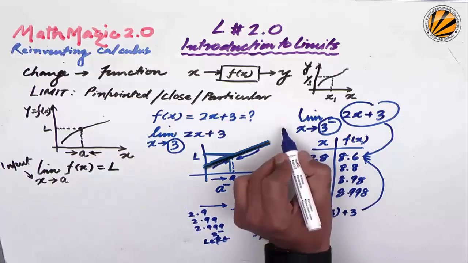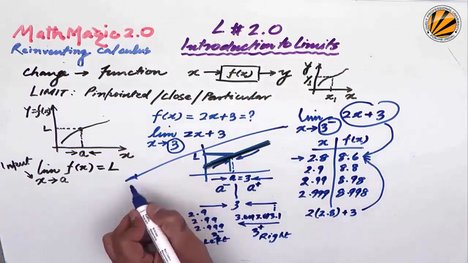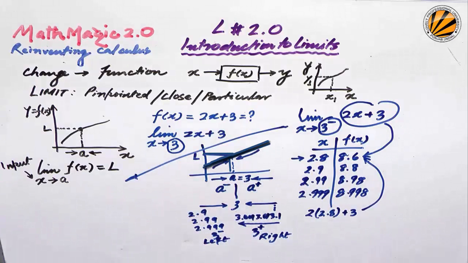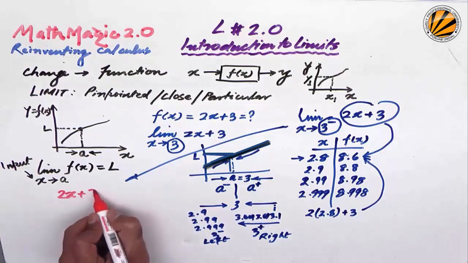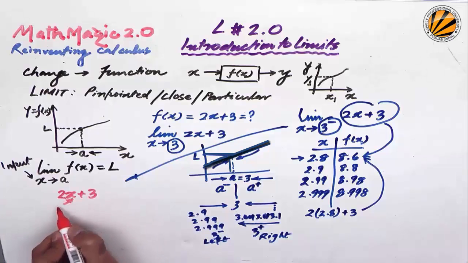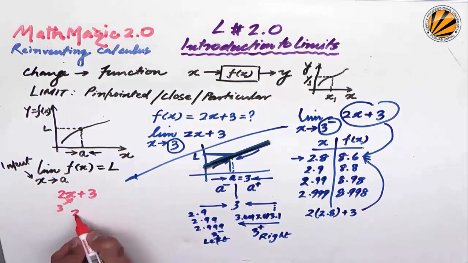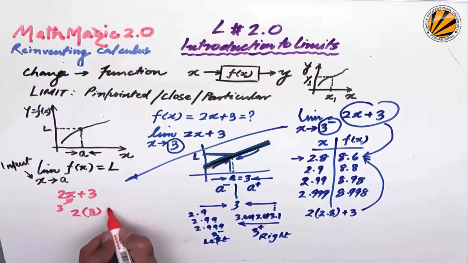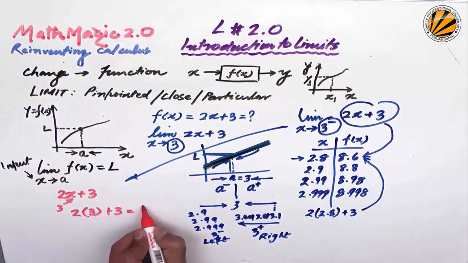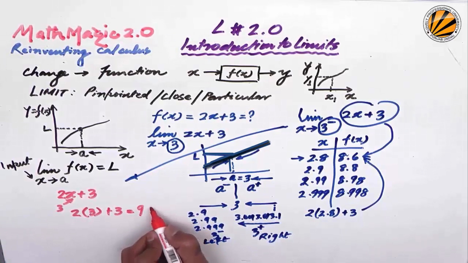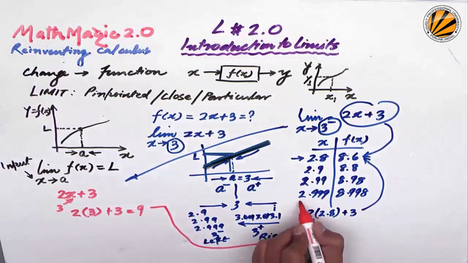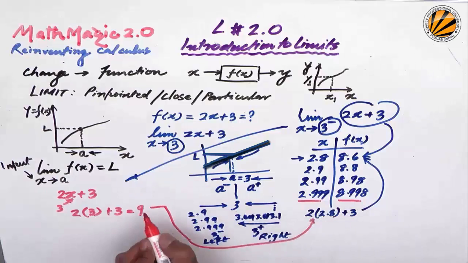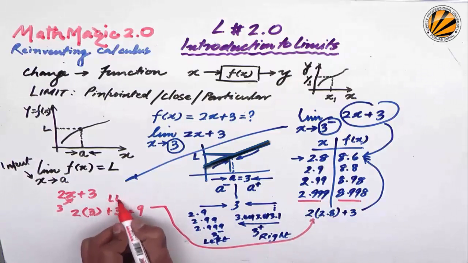If I directly substitute in the function 2x plus 3 the value of x as 3, it becomes 2 into 3 plus 3, which is equal to 9. So we see here that it is approaching nearly 9 from the left hand side.